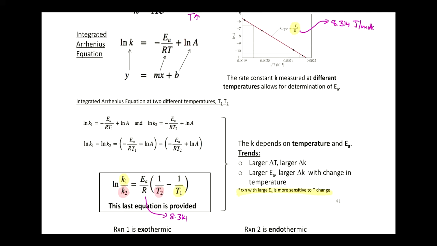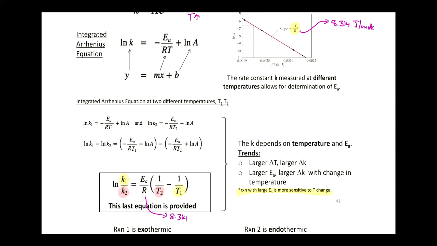What I like to say is that reactions with a large activation energy are more sensitive to temperature changes. I like to think of it this way. If you have a reaction with a large activation energy, is that reaction going fast or slow? Slow. So the reaction's already going slow. If you give a slow reaction more temperature, more energy, it's going to take that energy and increase its reaction rate a lot more.